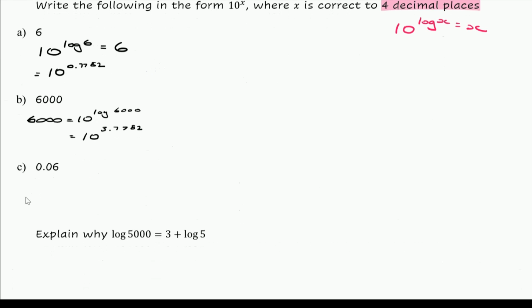And finally, having a look at this very last one, I've just got 0.06 is equal to 10 to the power of log 0.06. Evaluating that in my calculator gives me 10 to the power of minus 1.2218. And we're done.